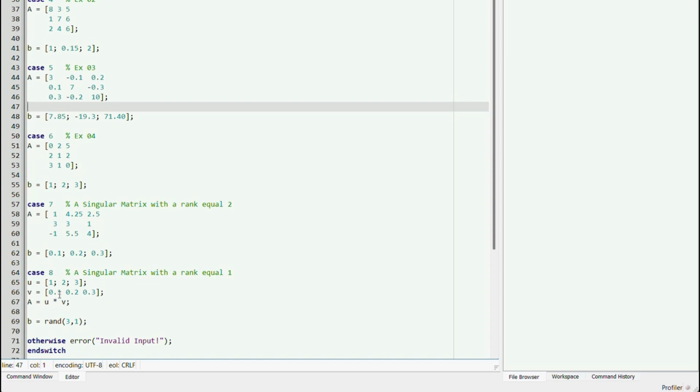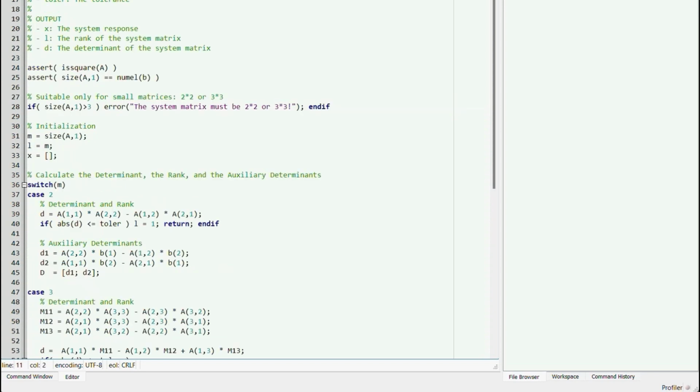But each column is the same vector u, scaled by an element of vector v. So the rank is equal 1, and we have chosen it randomly. I added these two systems to check the part of the code where we calculate the rank.